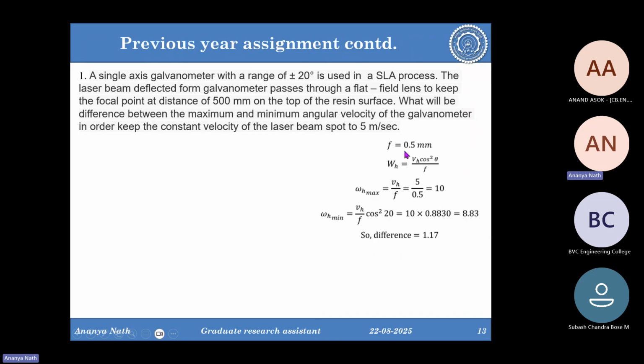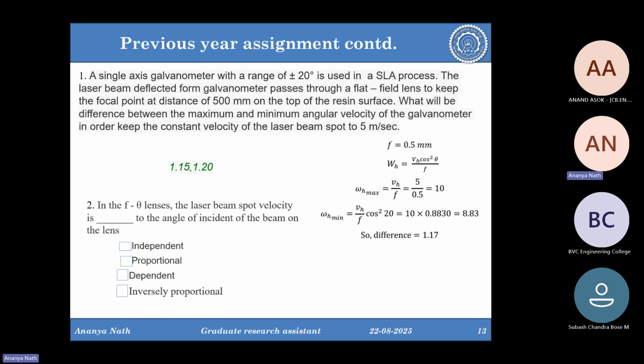The focal distance is given, then the maximum speed formula you know, and the minimum speed formula you can put the 20 degree in it, and you can calculate the difference, and this is the answer. You can take the question as your reference to solve it and see if you're getting the same answer or not. I will anyway upload this PPT in the Google Drive.